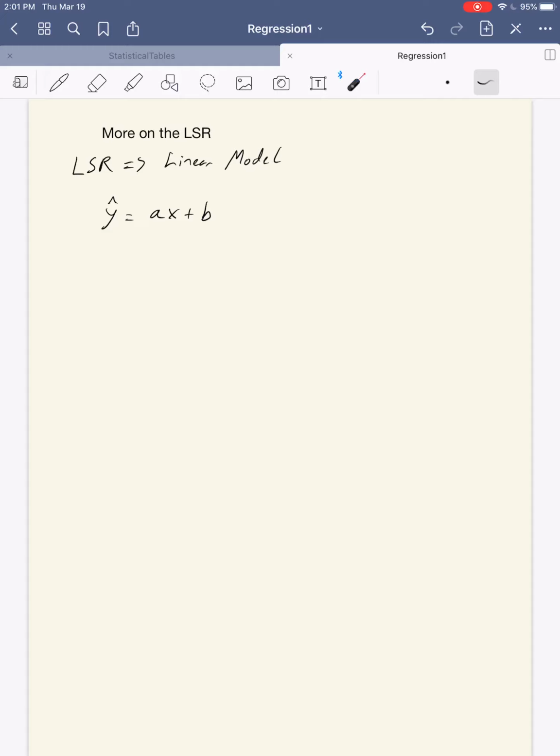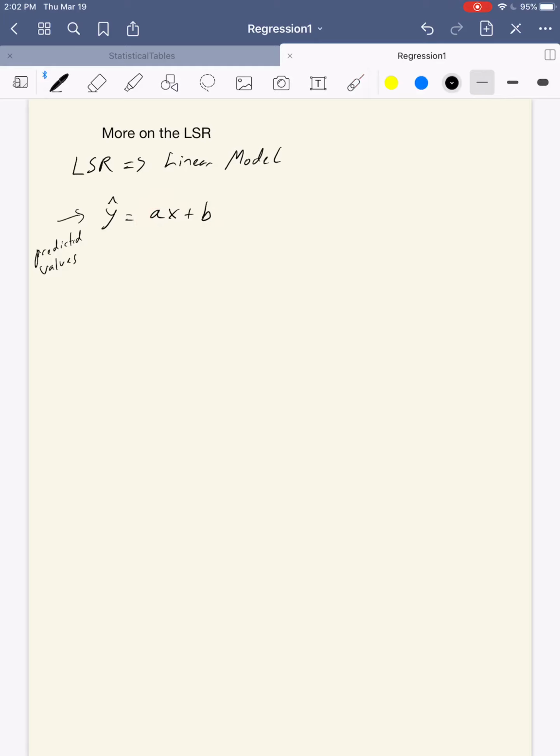Now you will notice that we're using a little bit of different notation just to be a little more careful here. On the left-hand side, we're writing y with a little caret or hat on it. All that means is that these are predicted values, right? And that hints at what the linear model is really there for. It's supposed to predict values of the response based on values of the explanatory.